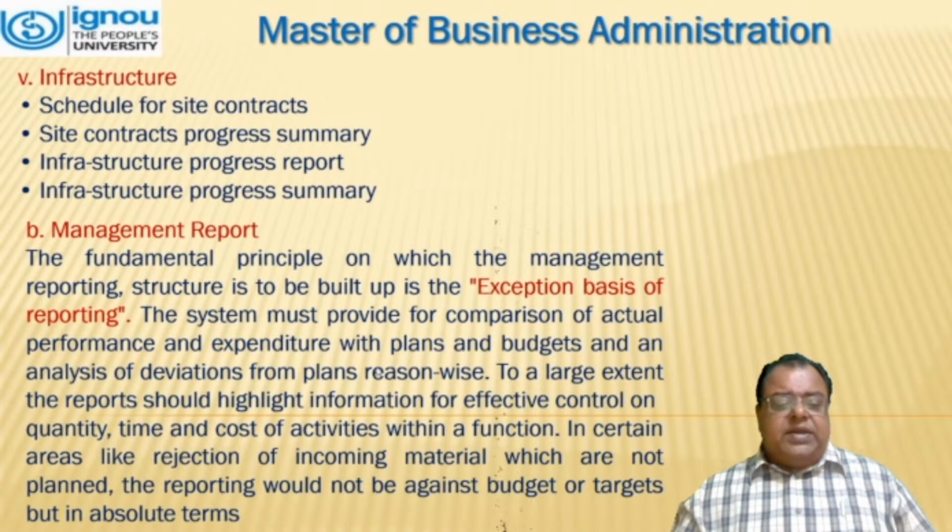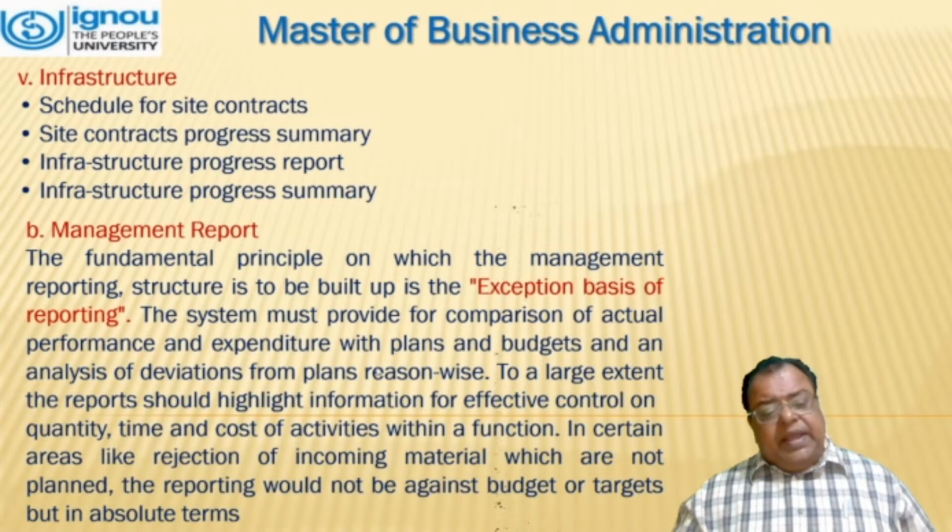To a large extent, the report should highlight information for effective control on quantity, time, and cost of activities within a function. In certain areas like rejection of incoming material, which are not planned, the reporting would not be against budgets or targets, but in absolute terms.